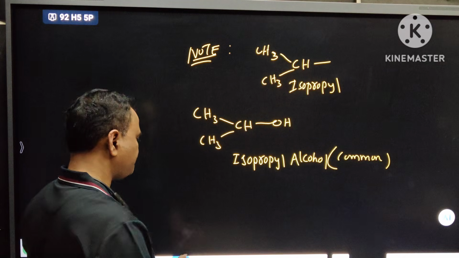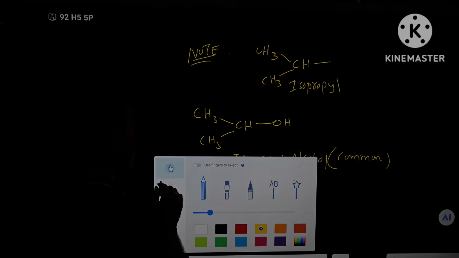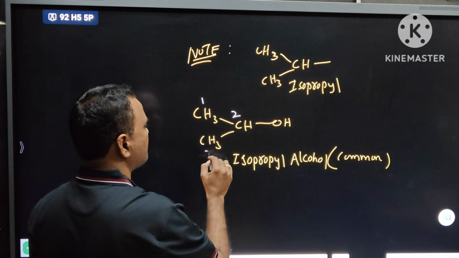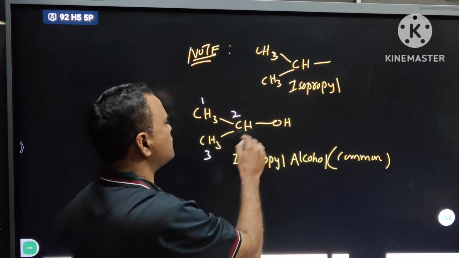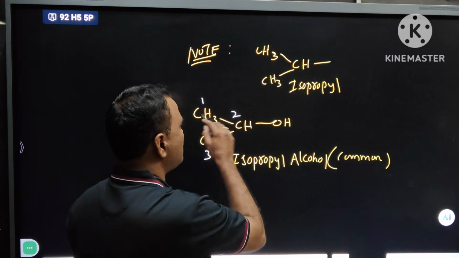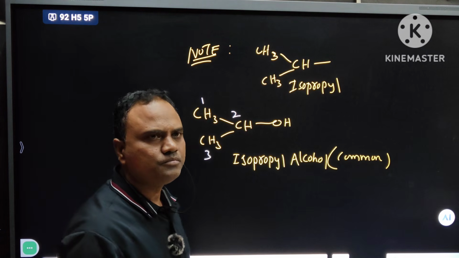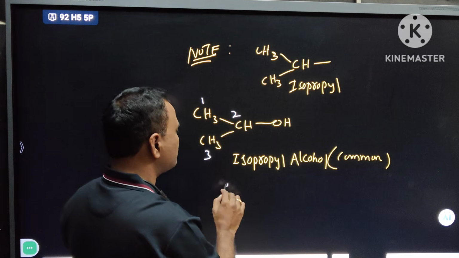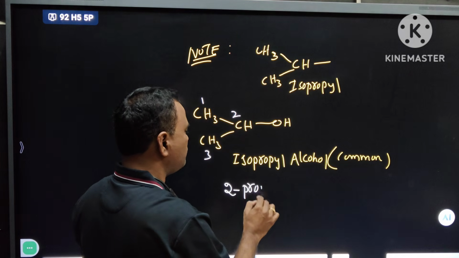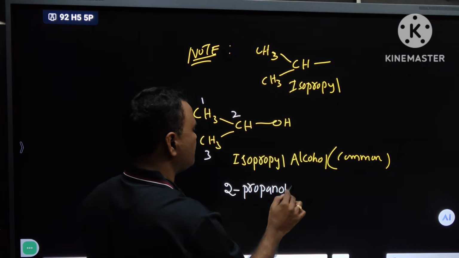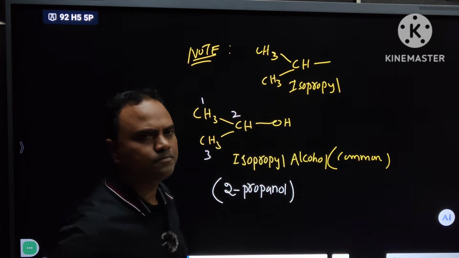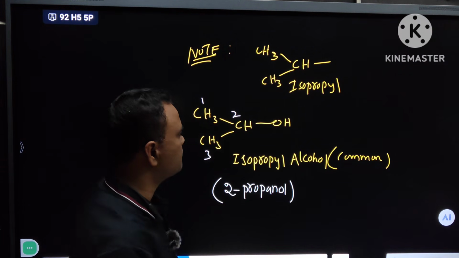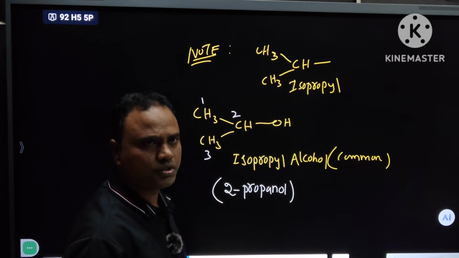Give the numbering. This is the longest chain, na? 2-propanol. Already we did this. 2-propanol. This is the longest chain. Clear?